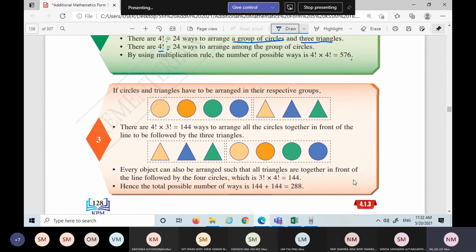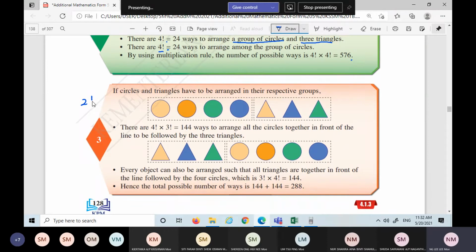Okay, this is the third condition. If the circles and triangles have to be arranged in their respective groups, how do you see it? One group, two groups. So I will start with 2 factorial, like just now.